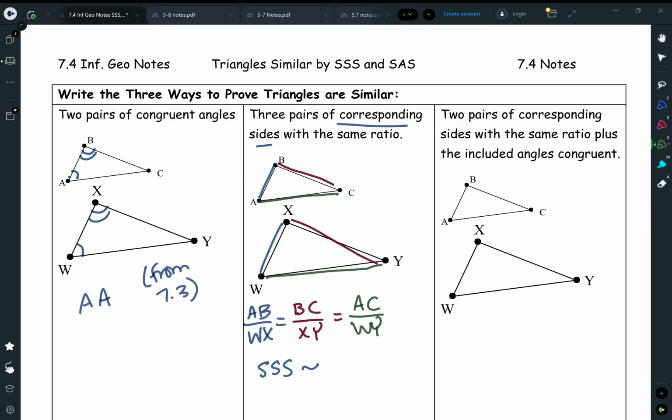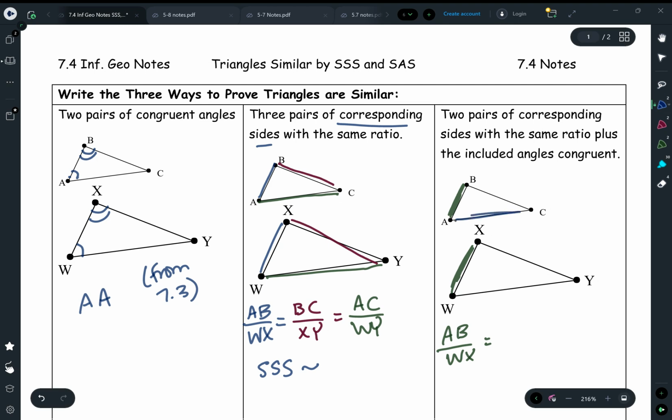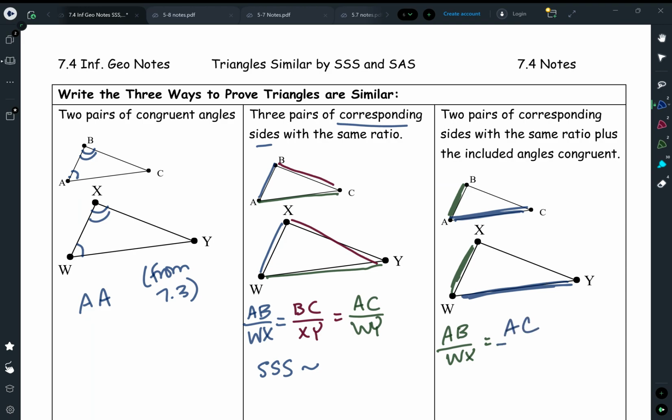And then remember, we would have to write a similarity statement with our letters for the triangles in the same corresponding order. The last one has two pairs of corresponding sides with the same ratio. So AB to WX is equal to AC to WY, set up as fractions, and then the included angle needs to be congruent.